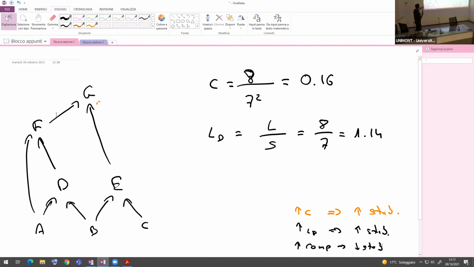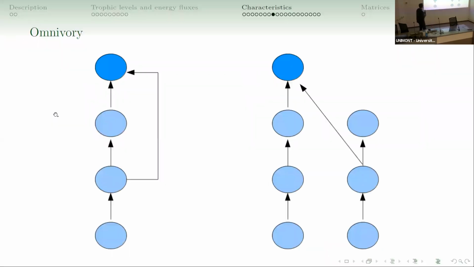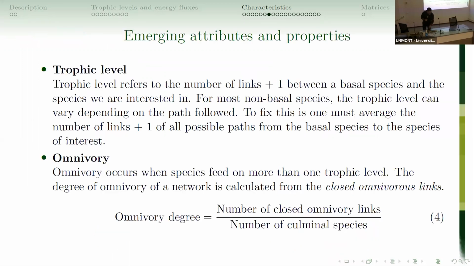But you have to imagine that omnivore links occur within the whole food web, okay? So we said that more of these links provide stability. Let me show that.